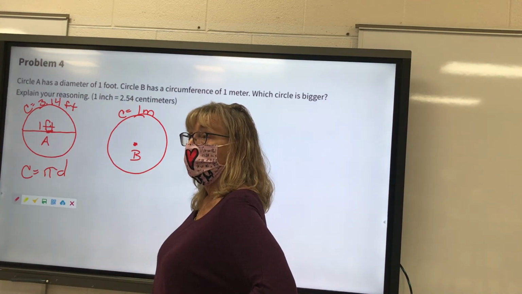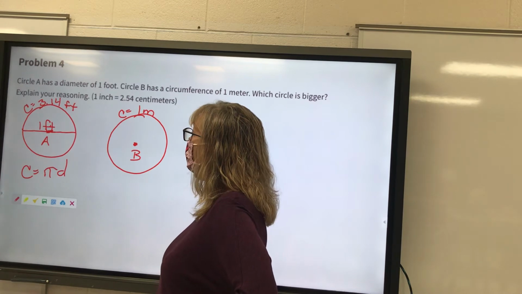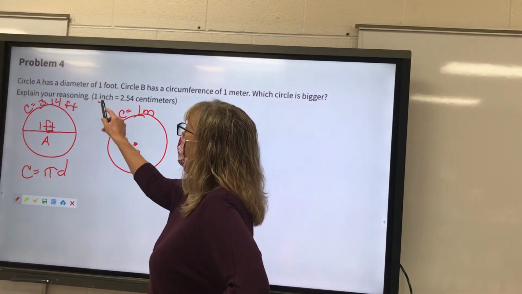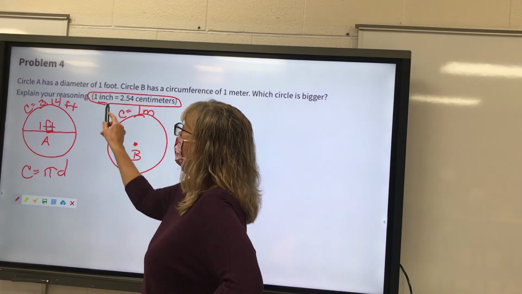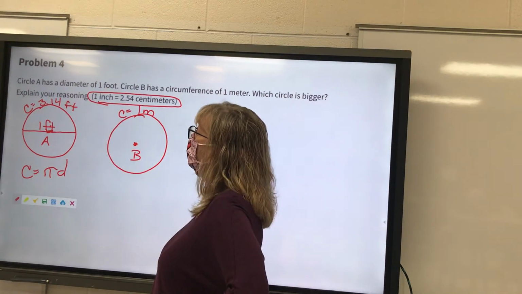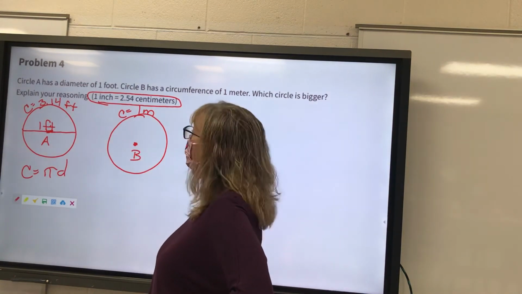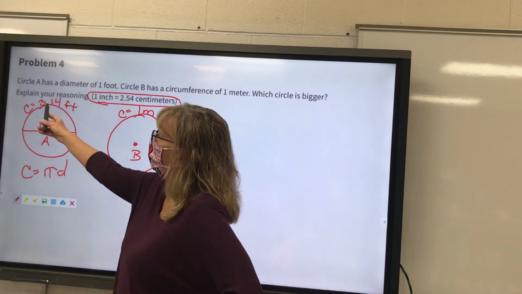Oh, it's because 1 meter is the same as a yard, except a meter has 3 extra inches. Well, were you told this right here? 1 inch equals 2.54 centimeters. Could I change this into inches?